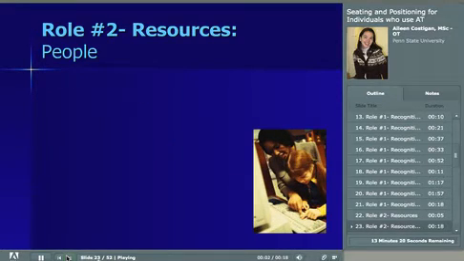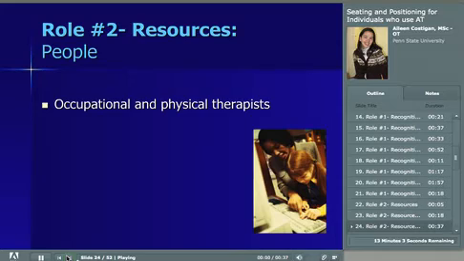In addition to recognizing appropriate and inappropriate seating and positioning, assistive technology team members should also be aware of what resources are available to them for individuals who use assistive technology. Several different types of people may be excellent sources of information. Occupational and physical therapists both receive training in seating and positioning, so it is natural to consider consulting these professionals with questions or concerns.